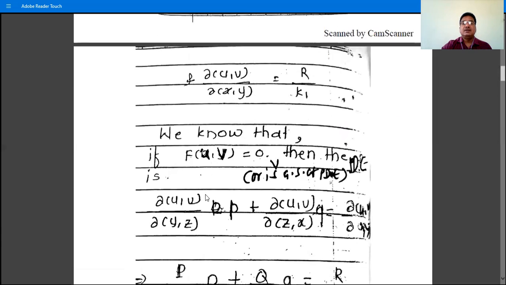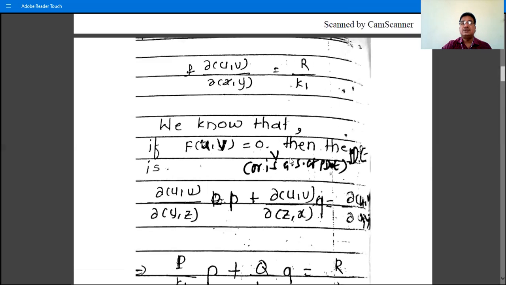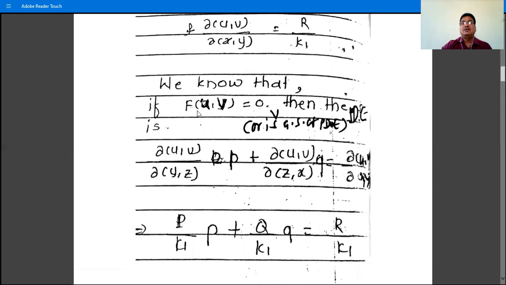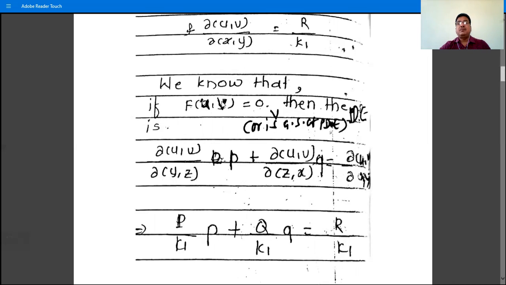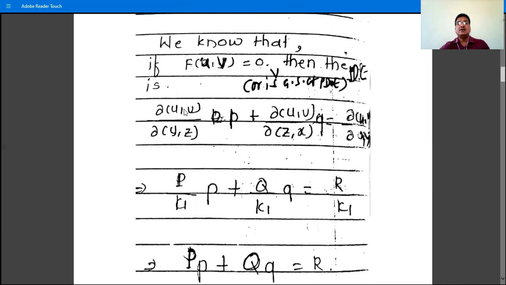And we know that if f(u,v) = 0 is the general solution of a partial differential equation, then the corresponding partial differential equation is ∂(u,v)/∂(y,z) p + ∂(u,v)/∂(z,x) q = ∂(u,v)/∂(x,y).